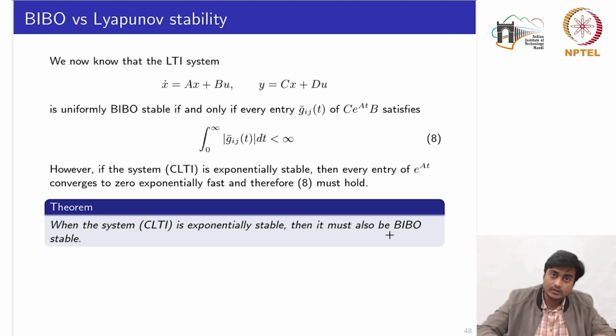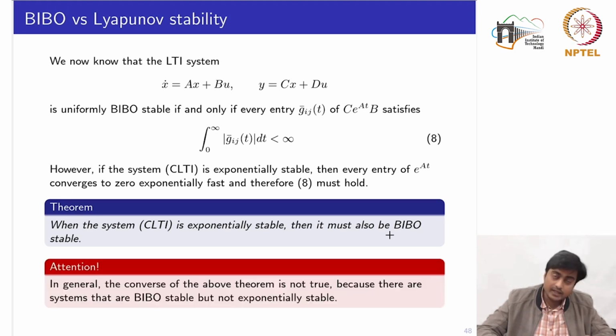Given a bounded input, the system would yield a bounded output. But the converse of this statement is not true in general. That is to say, if the system is BIBO stable, we cannot guarantee that the system is exponentially stable.